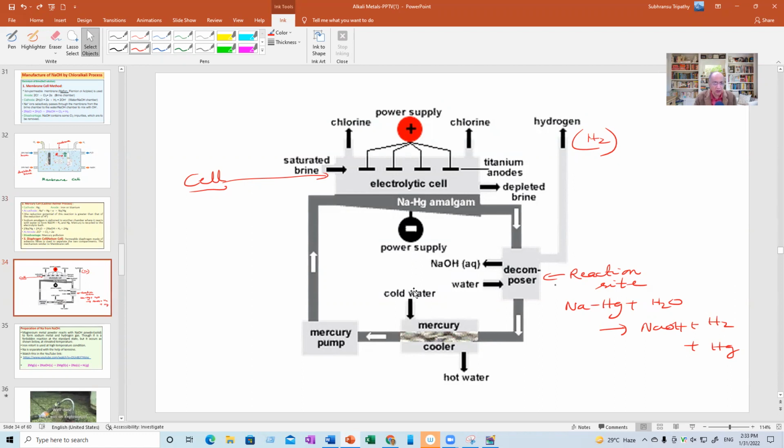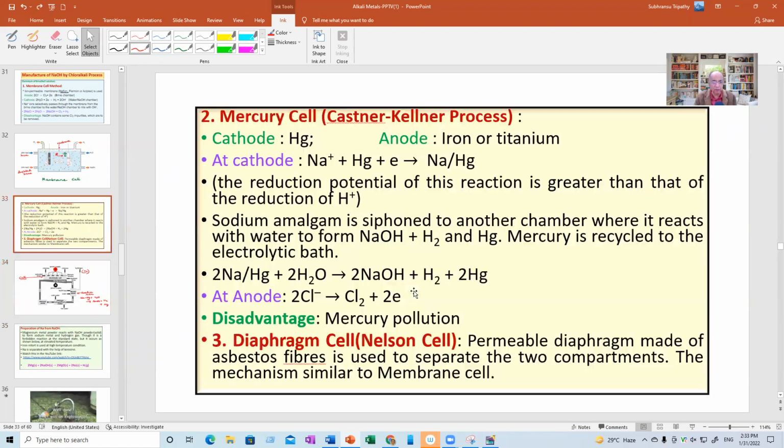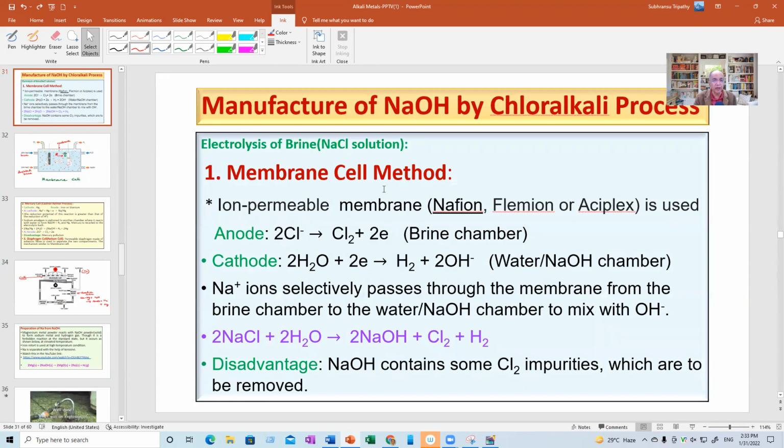Now the other method is a little cheaper, but a lot of impurities are there. It is very similar to the first method, the membrane cell.